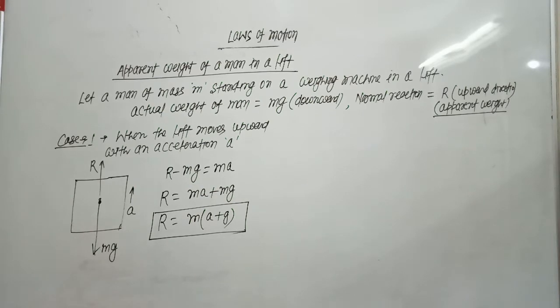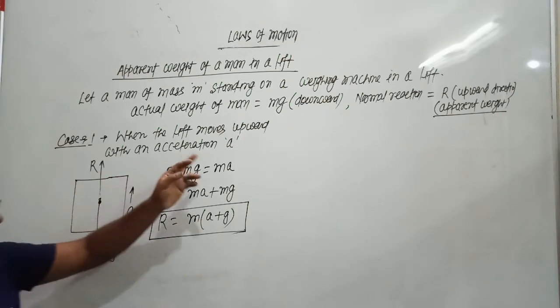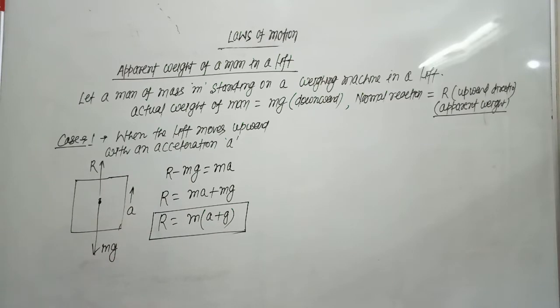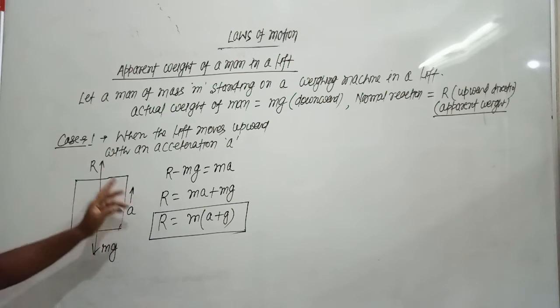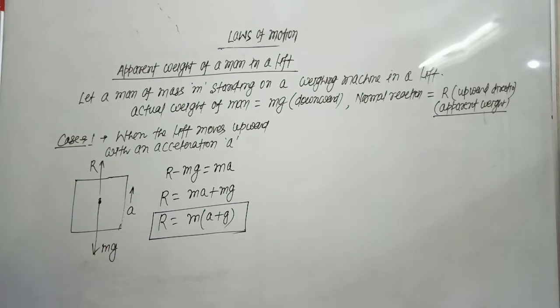So we continue the topic apparent weight of a man in a lift, and the first case we have discussed is that when the lift moves upward with an acceleration a, then the normal reaction acts in the upward direction, and weight acts in the downward direction.